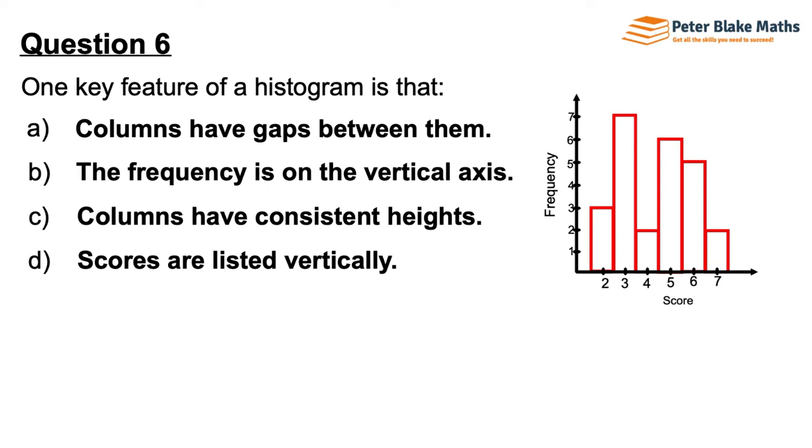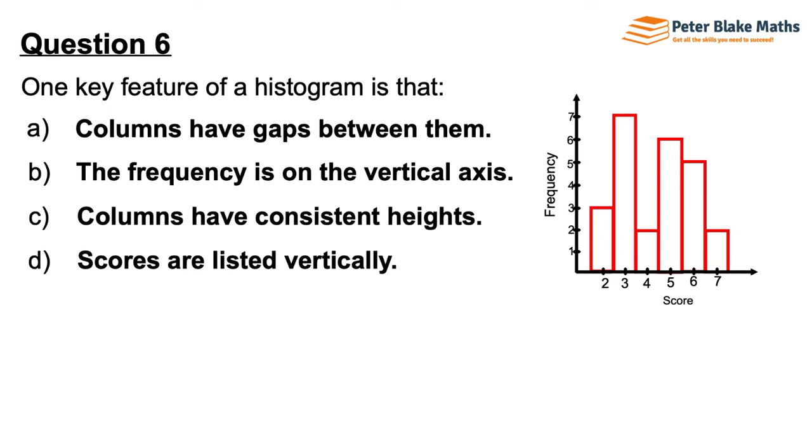There are a lot of features there. We have columns that have gaps between them for option A, and you can see on the diagram that the columns don't have any gaps in between them. They're sitting right next to each other. So I'm not sure that A is correct.